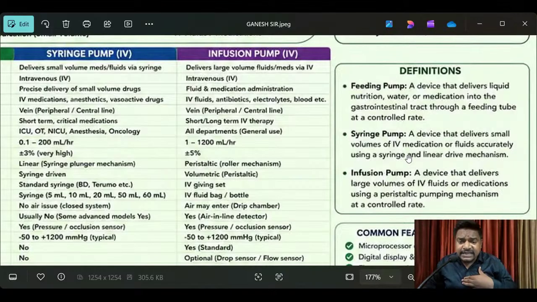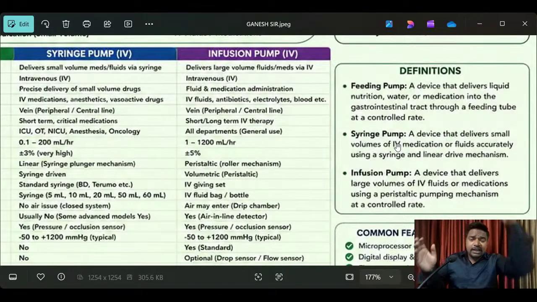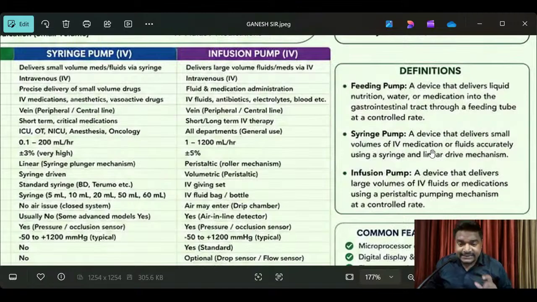We are biomedical engineers, so we have to know about the IV. They connect an IV line to the patient, then give medications per hour: 10 ml, 20 ml, 50 ml, 100 ml, depending on the condition of the patient and how much medication is required. So minute to minute, to give the doses, we have to maintain the syringe pump.